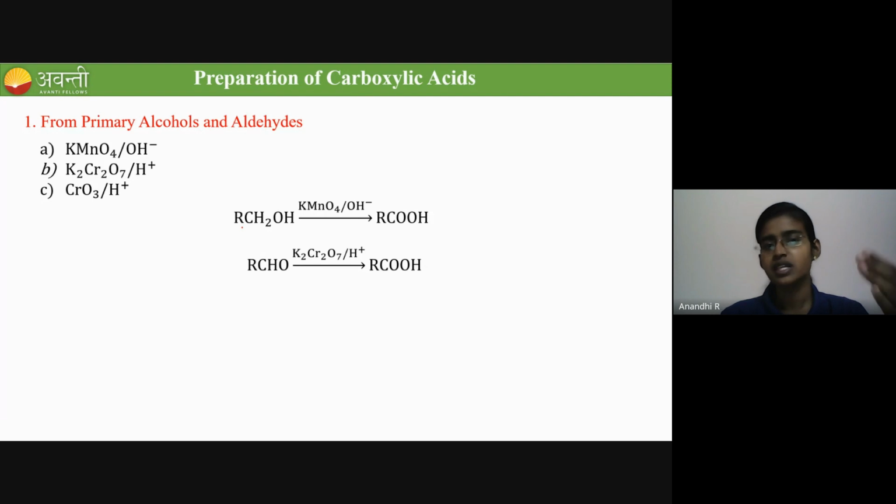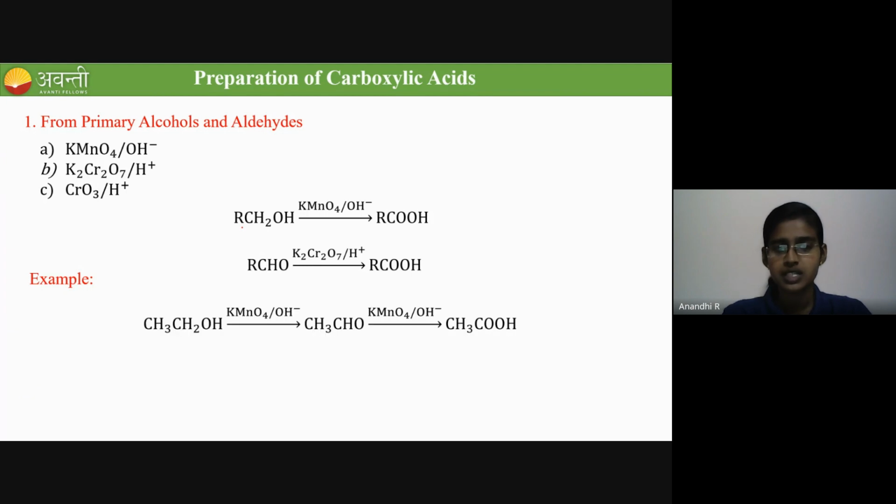The same is the case with K2Cr2O7 also. Potassium dichromate oxidizes an aldehyde to a carboxylic acid. Here you can see the example which I have given just now. The R group is taken as a methyl group, which on oxidation forms ethanal, that is, the methyl-containing aldehyde.